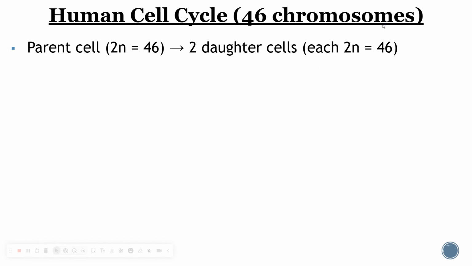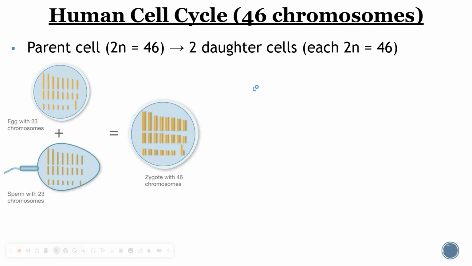So, if we were drawing parts of the cell cycle with a human cell, you'd have to draw 46 chromosomes. But we're not really drawing human ones. We're going to draw simplified cells with like 4 chromosomes in it, or 2, or maybe 6 sometimes. It's a lot simpler to draw than having to draw all 46 chromosomes in there.